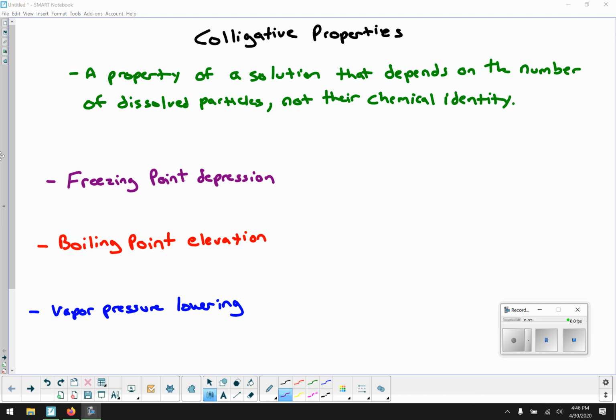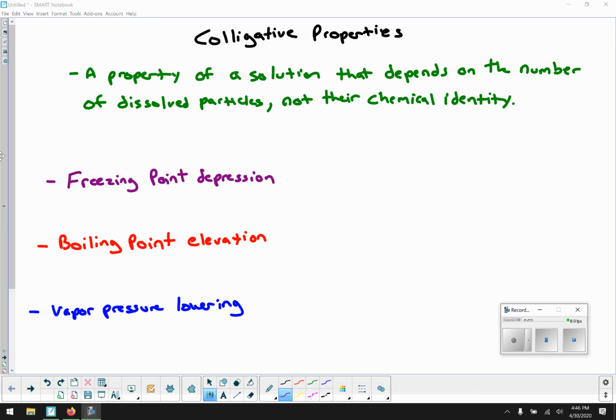Any liquid, at anything other than absolute zero, would have some amount of evaporation occurring. Some particles are going fast enough, they hit the surface, and they're able to jump and become vapor. Because they're a gas, now they give off pressure. So the vapor pressure is simply the pressure above a liquid from its vapor. And the more vapor it's making, the faster it's evaporating, the higher the vapor pressure.